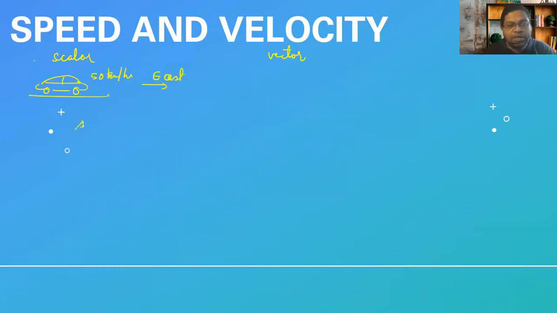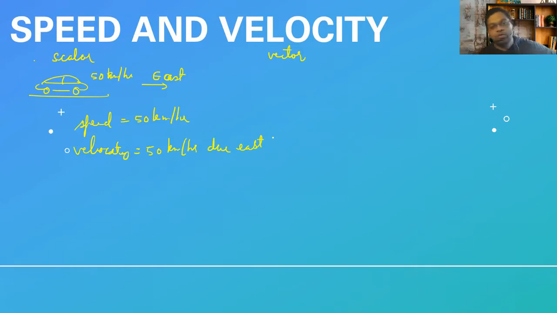We will say the speed of the car is 50 kilometers per hour, and the velocity of the car is 50 kilometers per hour due east. That is how you call the velocity and speed.